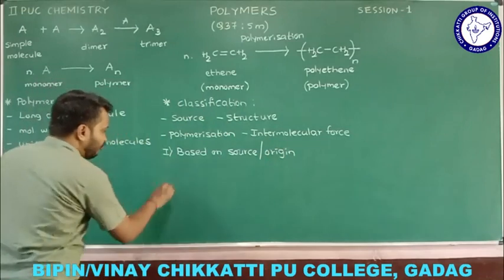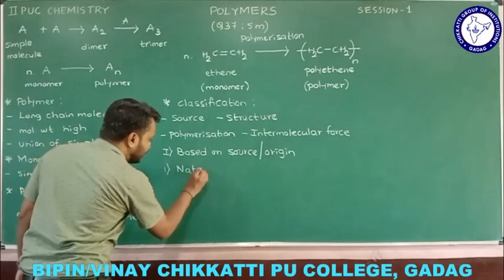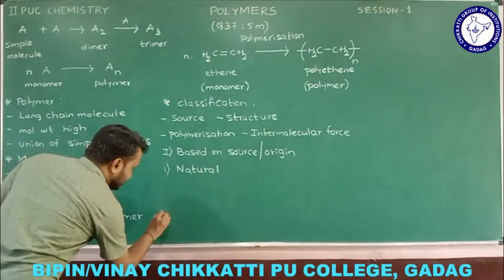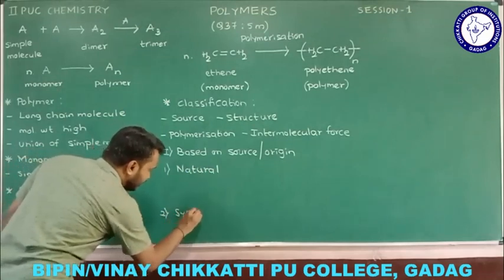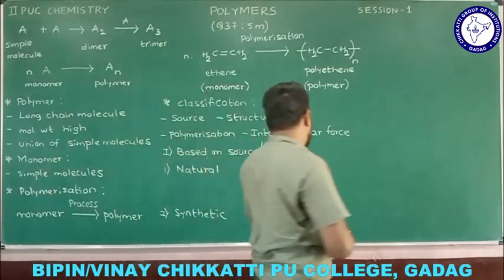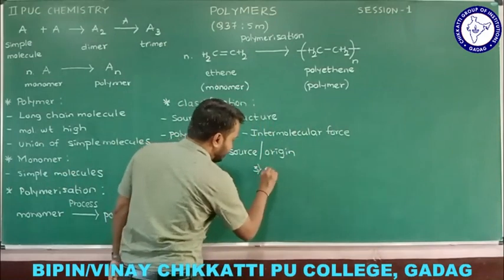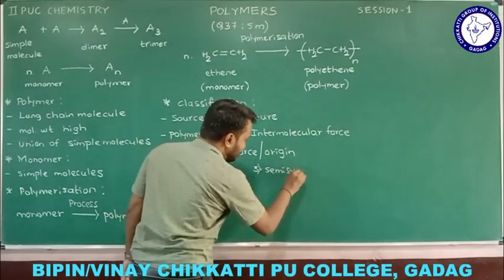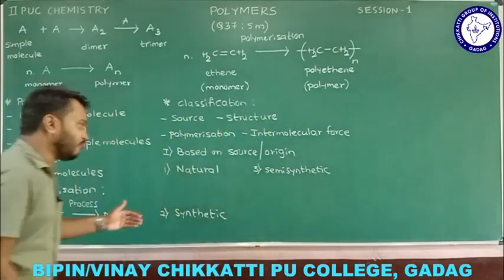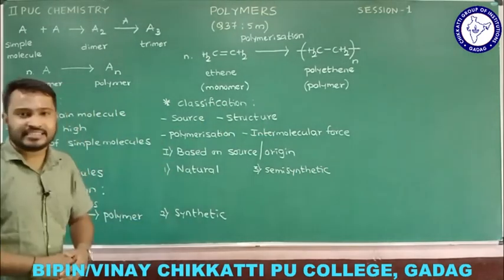Okay, so the first type of polymer based on the source is natural polymers, and the second one is synthetic polymer, and we have one more type, the third one, semi-synthetic polymer. I am going to write here, the third one is semi-synthetic polymer. So these are the three different types of polymers based on source: natural, synthetic and semi-synthetic.